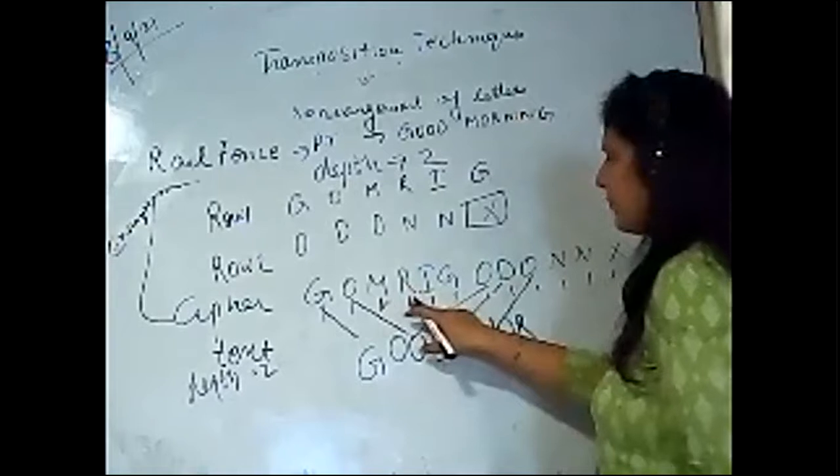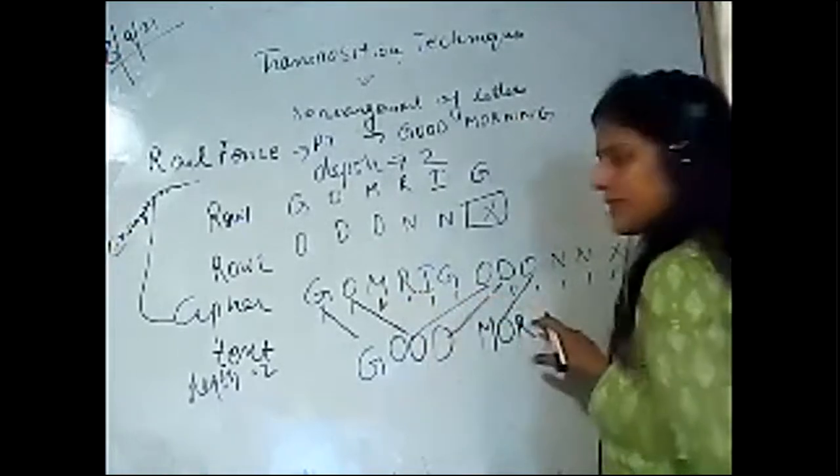Here, M is there, then R. Now I am writing R, and from this R, I will move to the 6th element. How have I calculated the 6th element? By getting the total length and dividing by the depth value. What depth value am I given? That is 2.